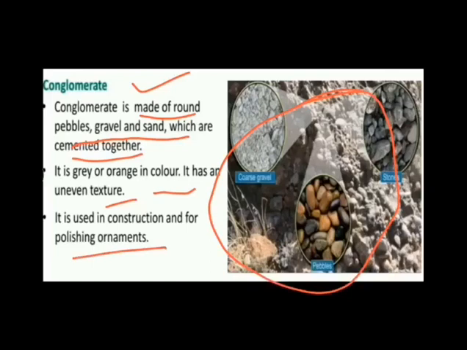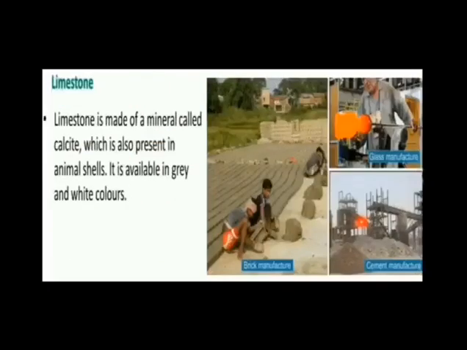Now the next type of sedimentary rock is limestone. Limestone is made of a mineral called calcite, which is also present in animal shells. It is available in grey and white colors. It is mainly formed from the mineral calcium and from the shells of animals, and is a fine grained soft rock.